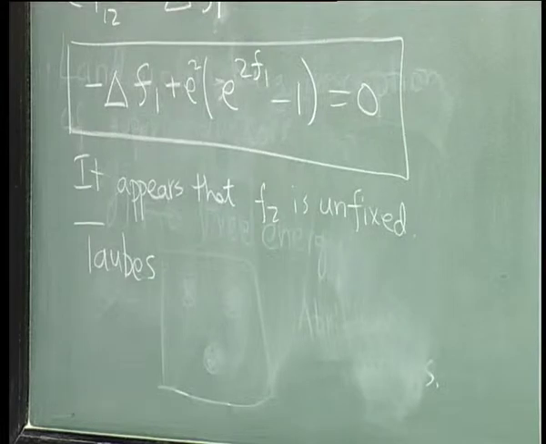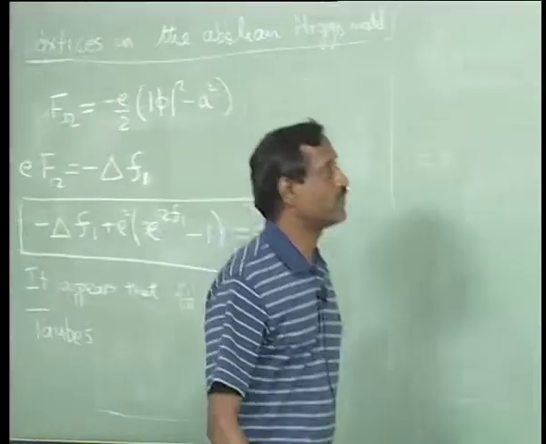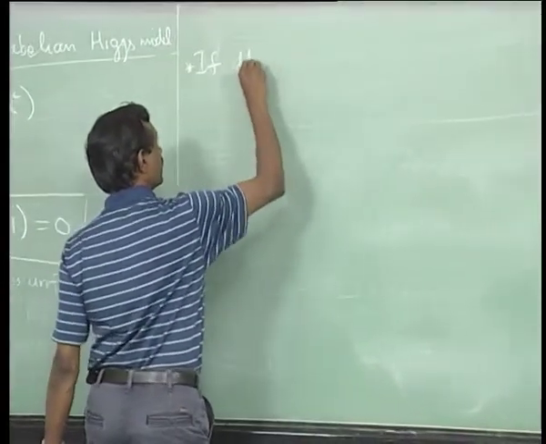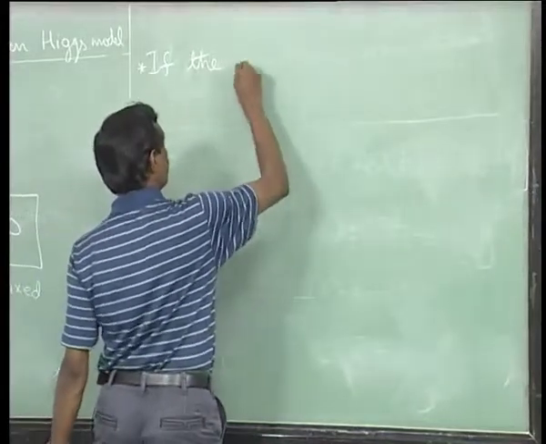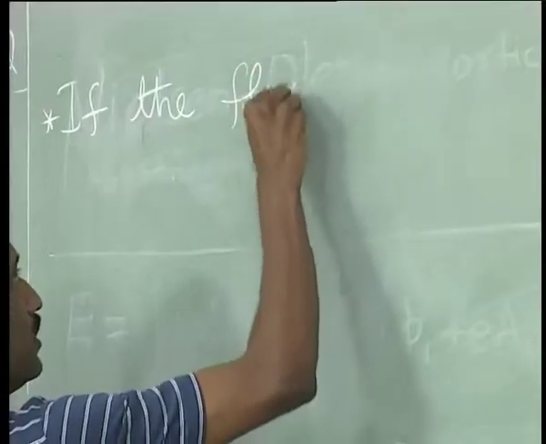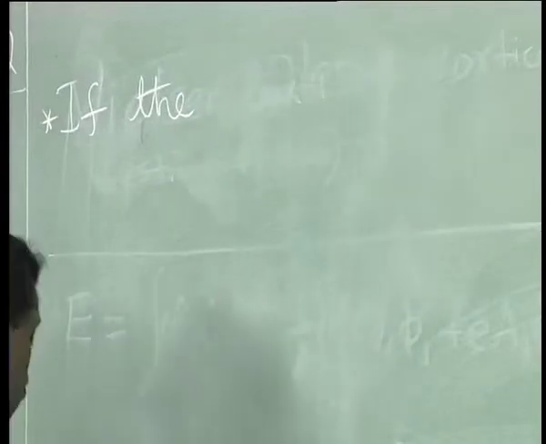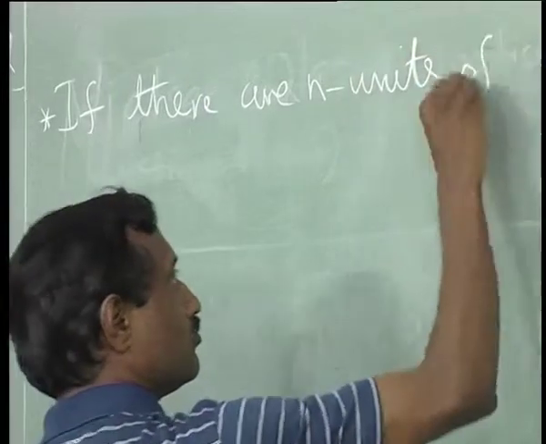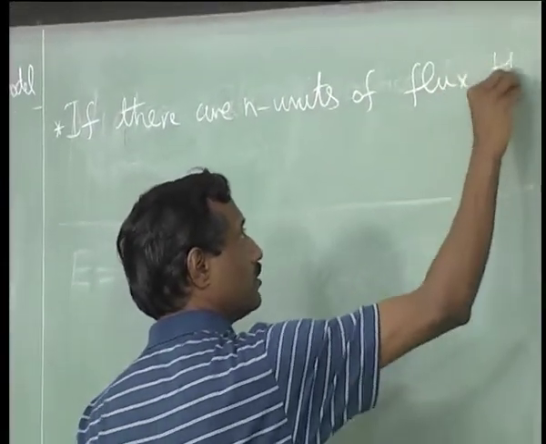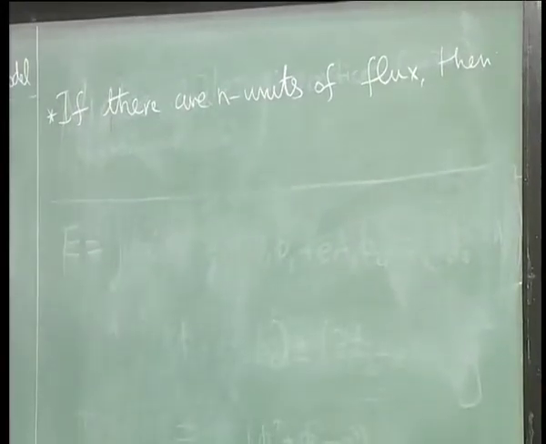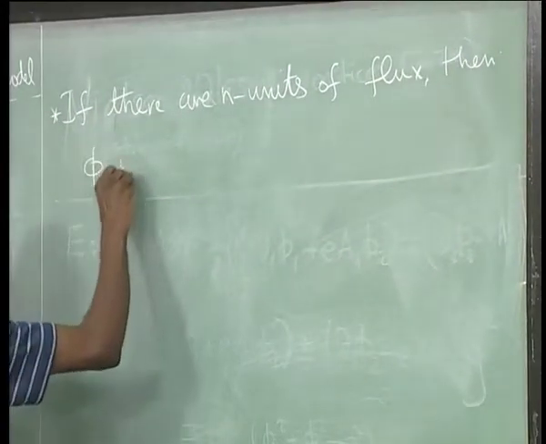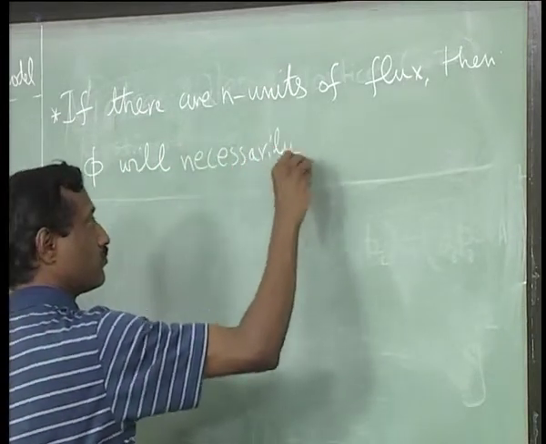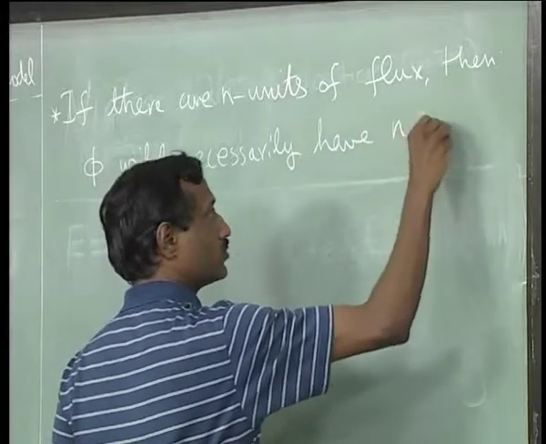But what one can show by simple mathematical arguments, I will only state these things, is that if the vortex number, if the flux is, if there are n units of flux, then by continuity conditions phi will necessarily have n zeros.